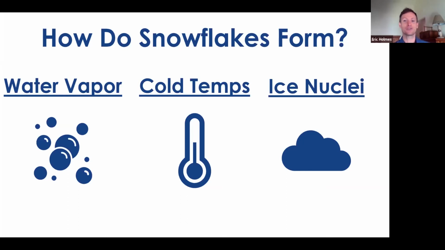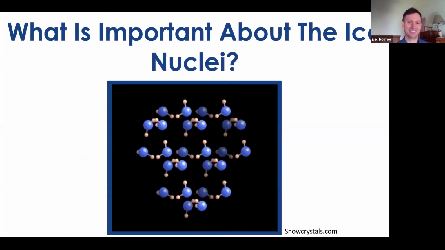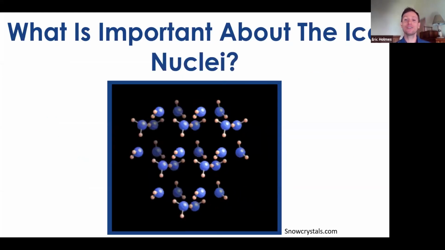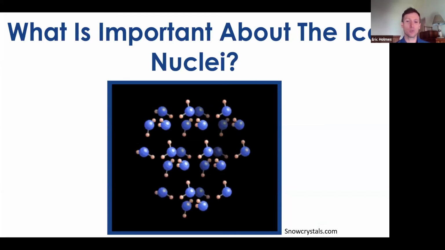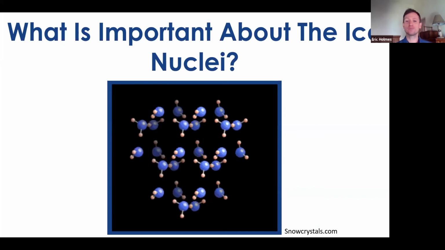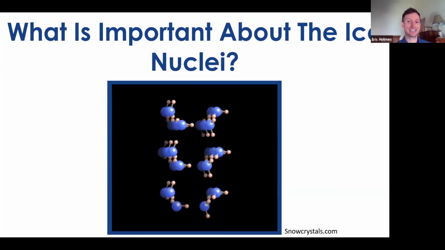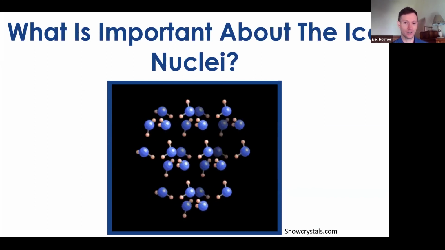And it does this through a process called deposition, where you move from a gas to a solid. And in order for this deposition to occur, we need our last ingredient, which is an ice nucleus. Don't let this name scare you in any way. It's actually kind of interesting. All an ice nucleus does is provide a great framework for these water molecules to arrange themselves onto in a hexagonal lattice structure.